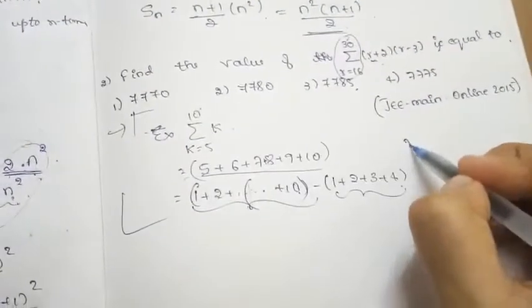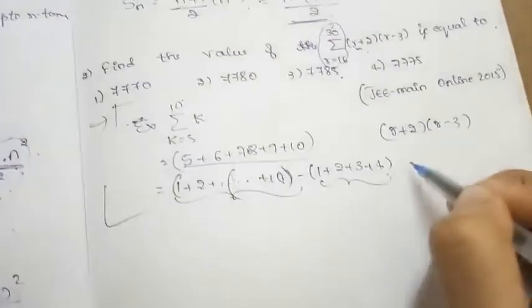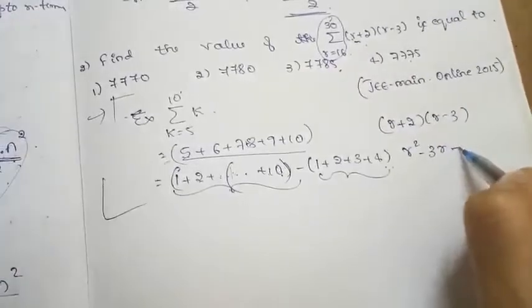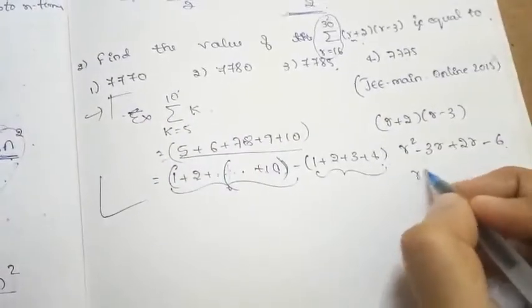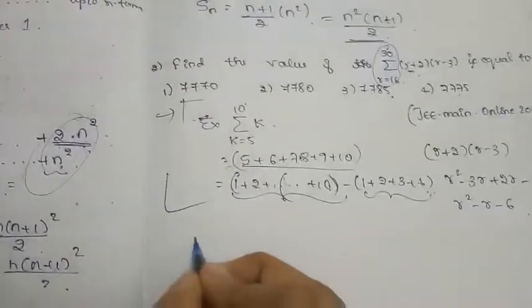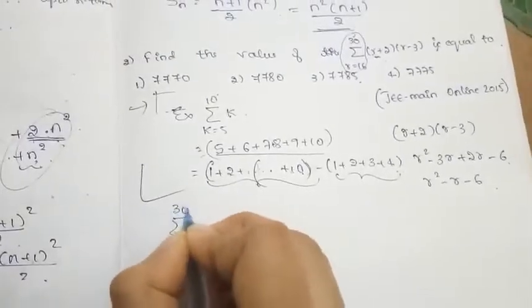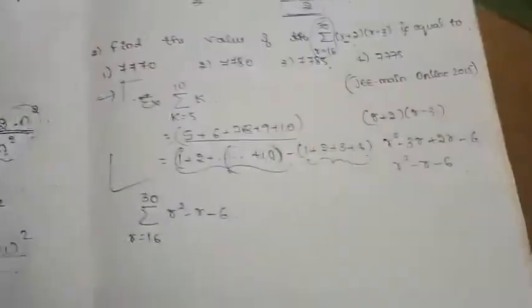First let us simplify (r plus 2) into (r minus 3). That is r square minus 3r plus 2r minus 6, which is r square minus r minus 6. So the summation r equals 16 to 30 of r square minus r minus 6.